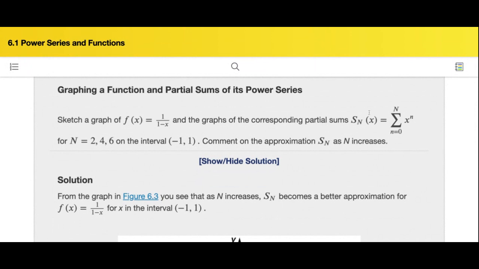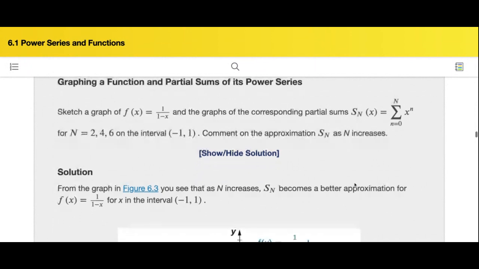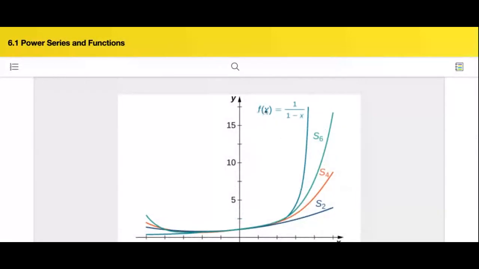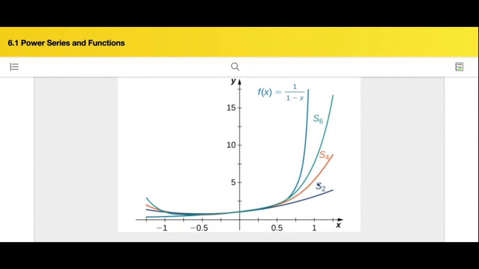For f, we get this graph. And if we do 2 partial sums, we get this graph. 4, 6. We see as we do more and more, it's getting closer and closer to 1 over 1 minus x.